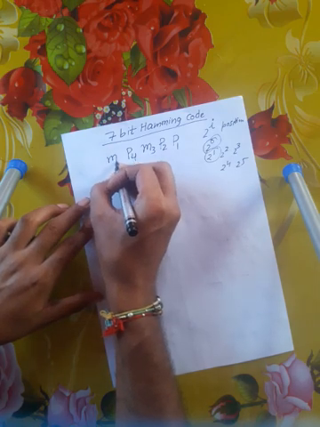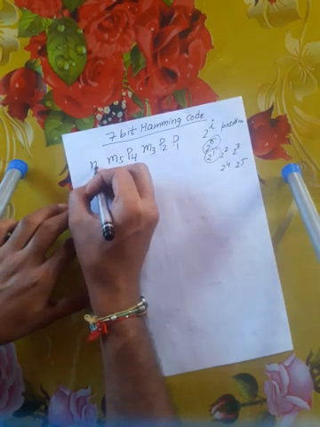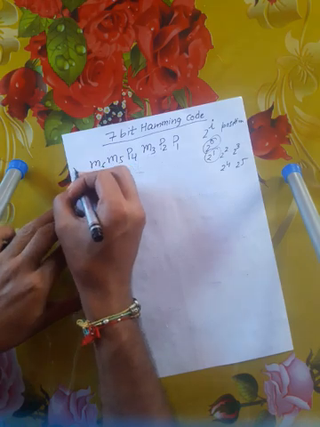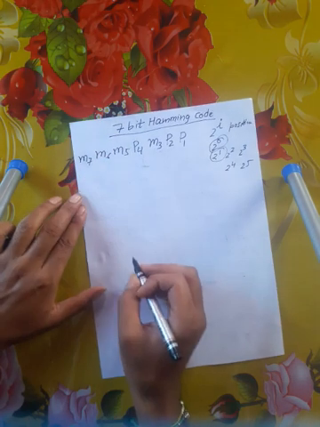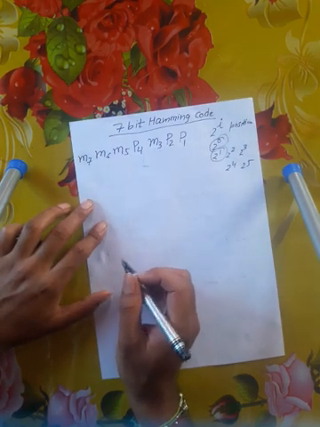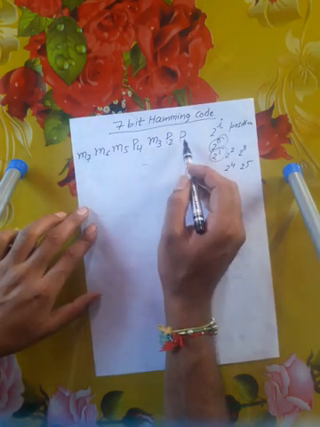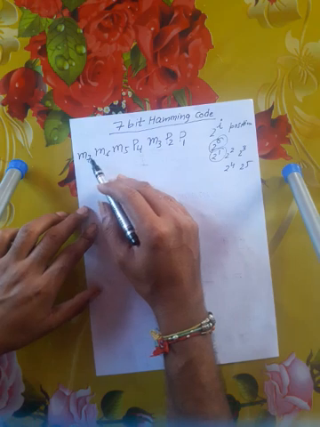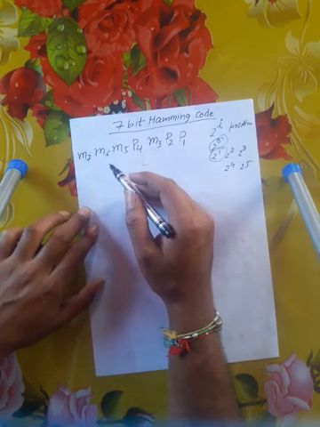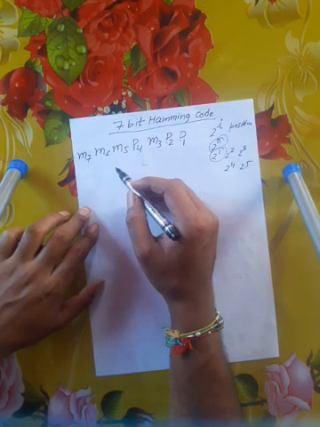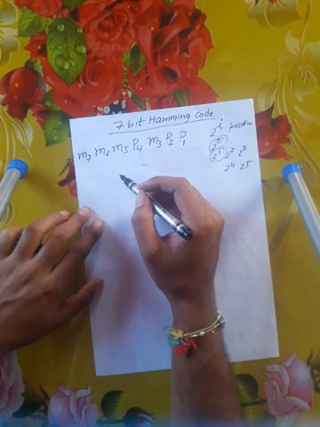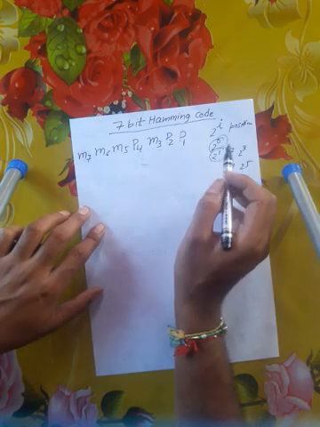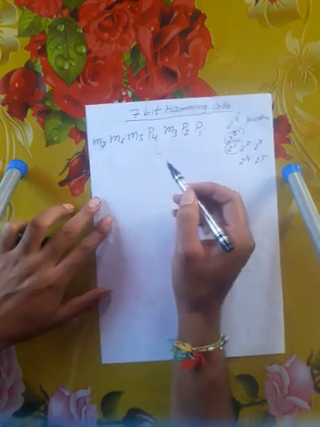Next M5, M6 and M7. Similarly for 15 bit, there will be P1, P2, M3, P4, M5, M6, M7, then P8, then M9, M10, M11, M12, M13, M14 and M15. In this way you can write down.